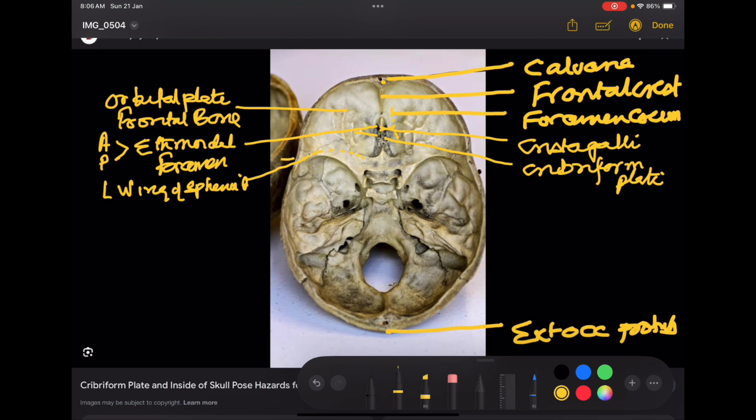It is attached to the calvaria at this point, which is called the pterion. Then this wing-shaped structure has a beak-like projection, which is called the jugum sphenoidale.